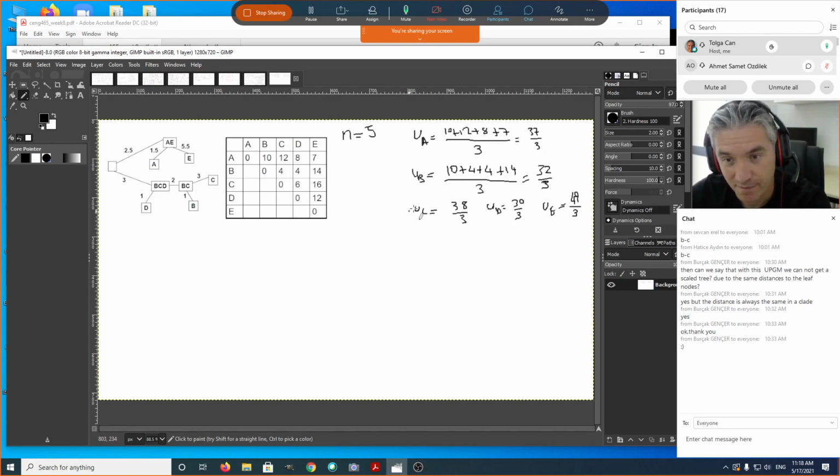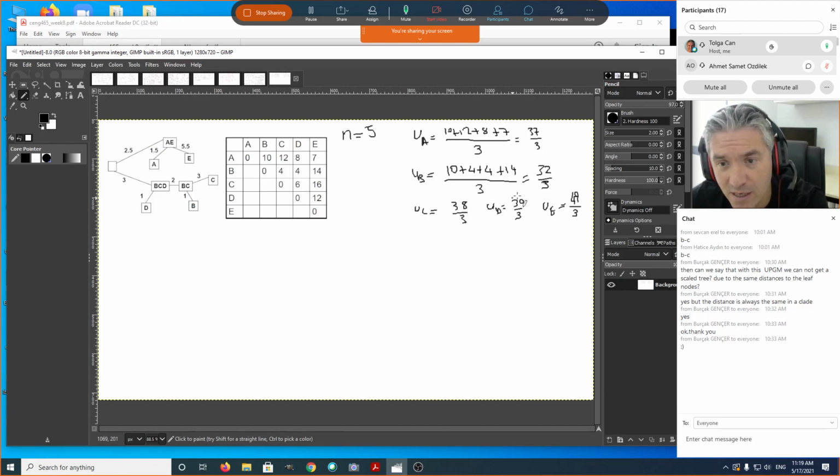One of the reasons to compute those is not only to find the paths, but also to decide which pair of objects to combine. I'm going to combine 2 objects. UPGMA was deciding between BC and BD, right? In this case, for example, BC and BD is not a tie.